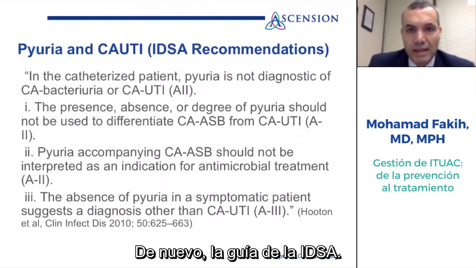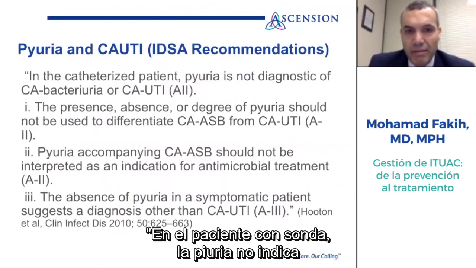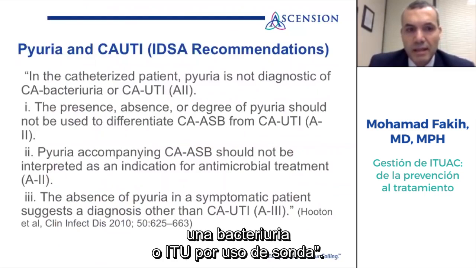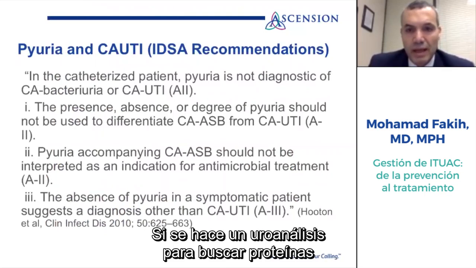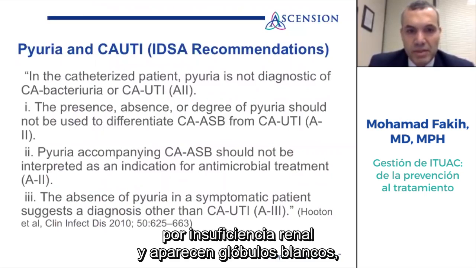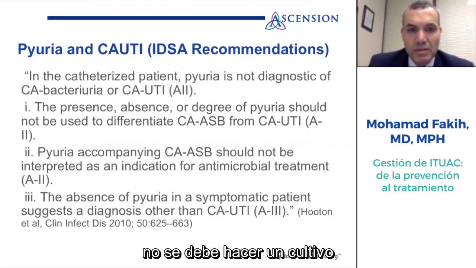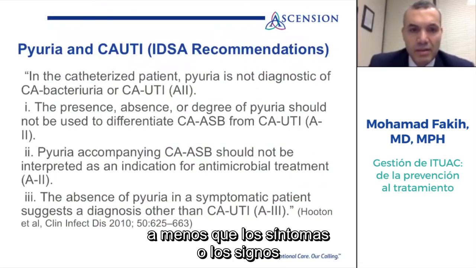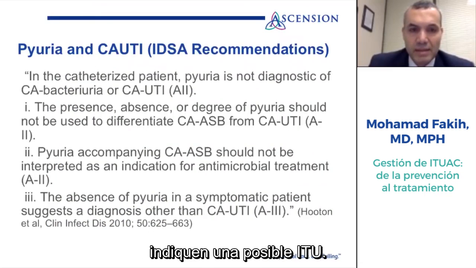So again, from the IDSA recommendations, in the catheterized patient, pyuria is not diagnostic of catheter-associated bacteriuria or catheter-associated UTI. So if you do a UA and you're looking for protein or you're looking for blood in the UA because of renal insufficiency and you find white cells, don't do urine culture unless there are signs and symptoms suggestive of a urinary tract infection.